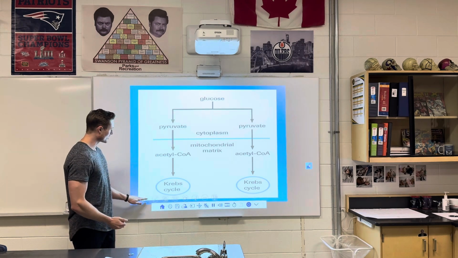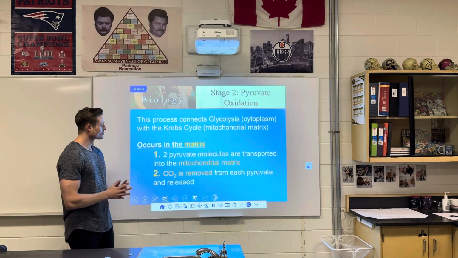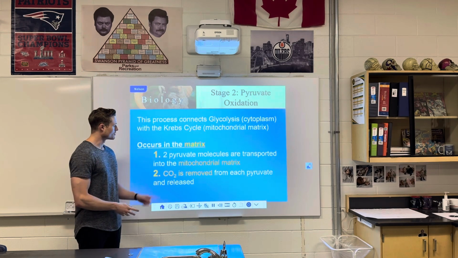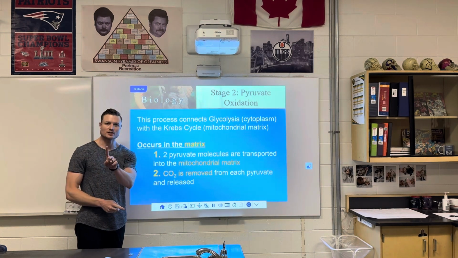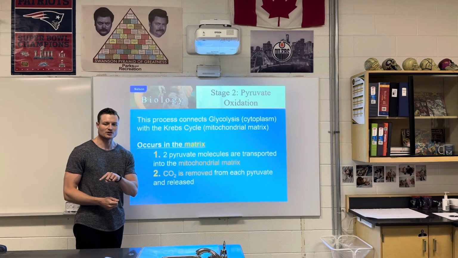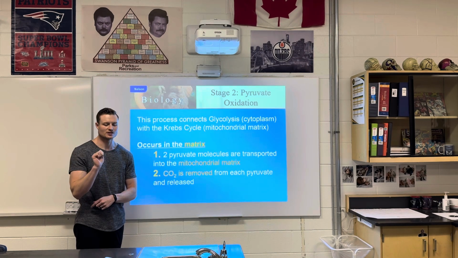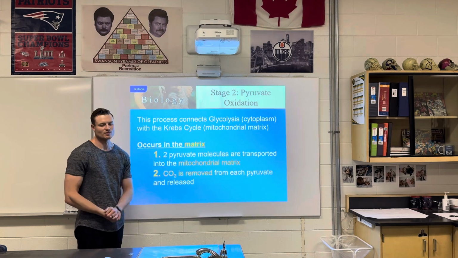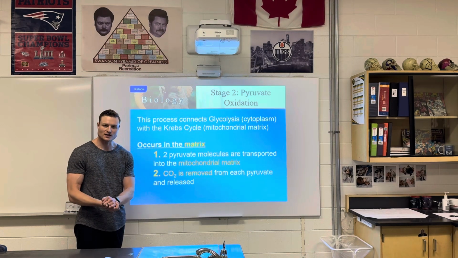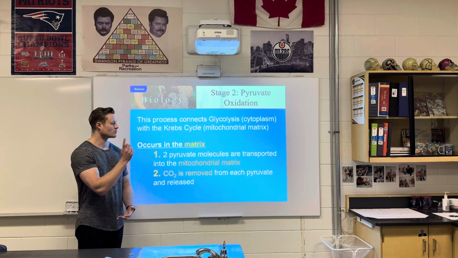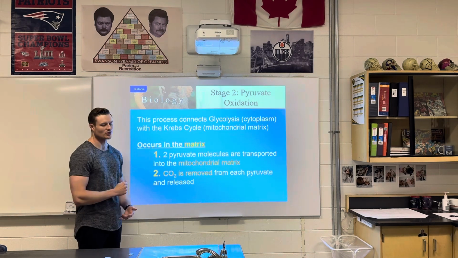So let's look at pyruvate oxidation first. What we are going to do is take each pyruvate molecule and remove one of the carbons to make a CO2. We're going to do this for each pyruvate, so ultimately we'll be making 2 CO2 molecules. And to make the CO2, we are going to need some available oxygen. So if oxygen is available, we can move to the next step, which is pyruvate oxidation, which will occur inside of the mitochondrial matrix.